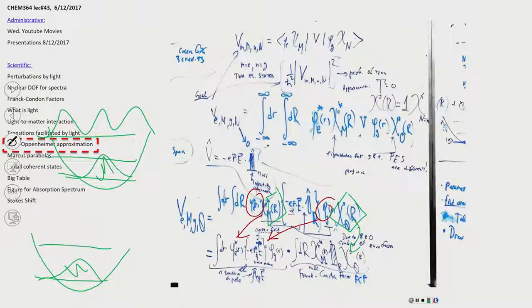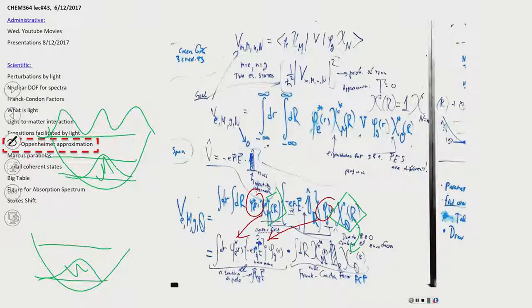So we do have the operator, electronic initial, electronic final, nuclear initial, nuclear final. The ions, capital R, move so much slower that the operator of dipole mostly affects only electronic degrees of freedom.